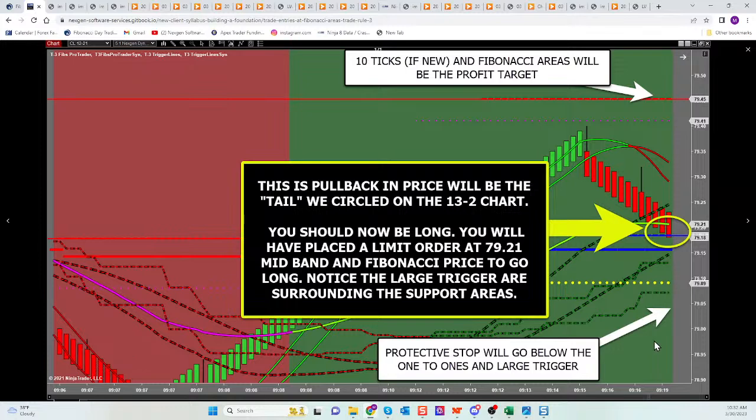Guys, we're starting at 12 ticks, not because 12 ticks is the magic number. It's because 12 ticks gives me time to react. 12 ticks gives me enough time to move that stop above or below the window of opportunity. Does that make sense, Paul?